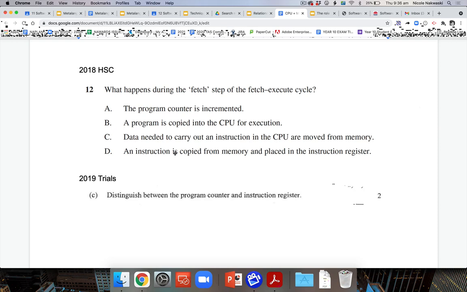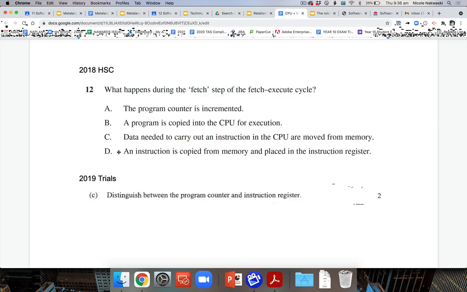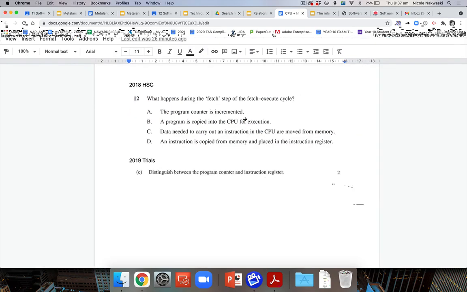It's read from memory, so it's taken from memory and put into the instruction register. It's not copied. So unfortunately, while D seems like a correct answer because both of those things happen, it's actually read, not copied. So the correct answer is that the program counter is incremented.